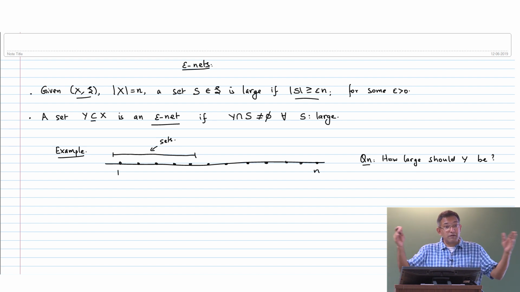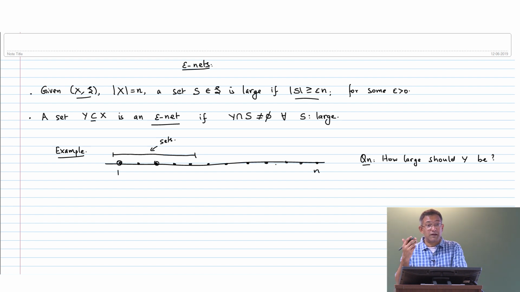You only want to hit intervals that contain at least epsilon n points. You could pick every alternate point. That's also an epsilon net, but you could do better. So I give you an epsilon, and you have to tell me how large an epsilon net should be.